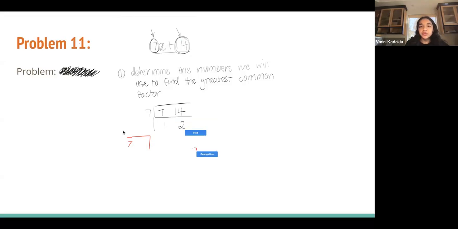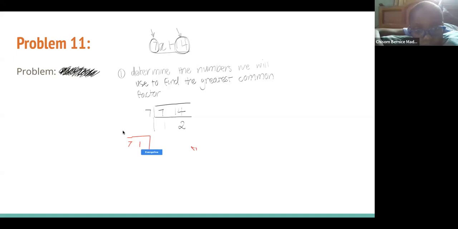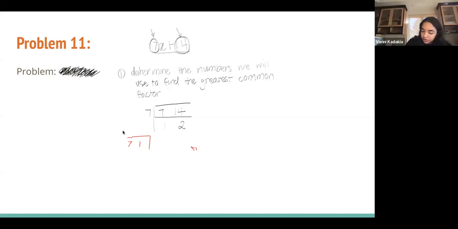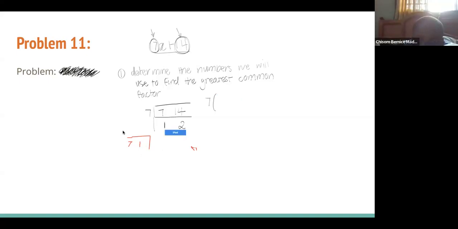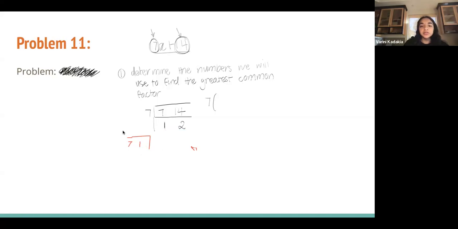Okay, so now we can set up our answer. We pulled out 7, so let's write 7 times. Now we have to pair up the x with one of these factors.